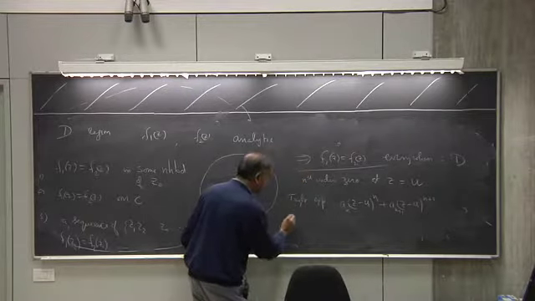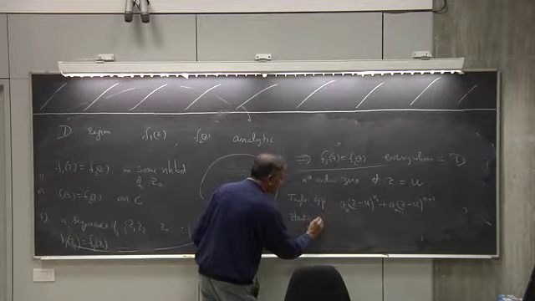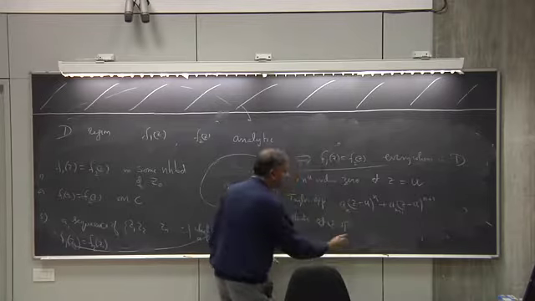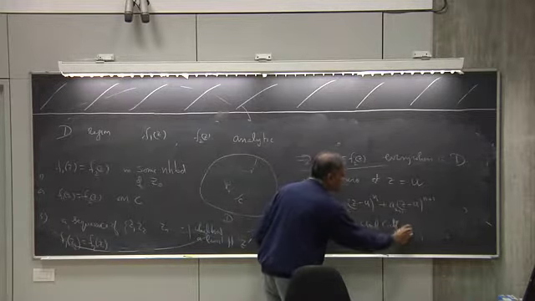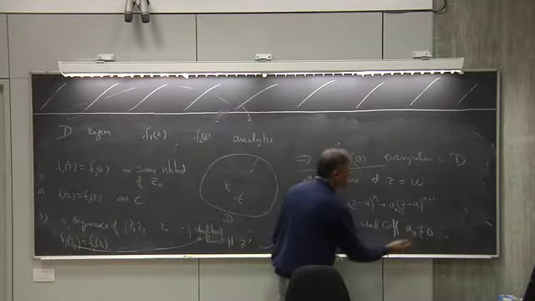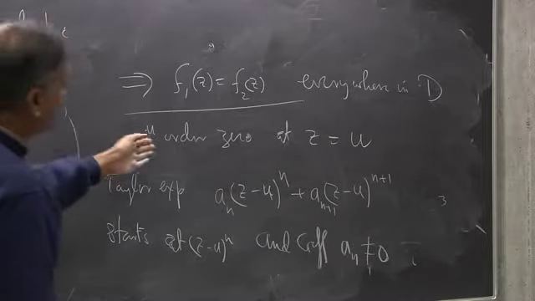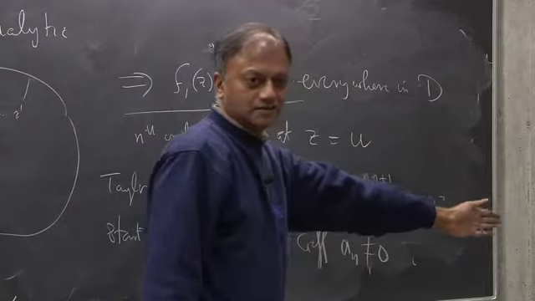So the Taylor expansion starts at (z minus u) to the n, and the coefficient a_n is not equal to 0. Of course, it could also happen that in fact everything is 0. Then it is trivial.